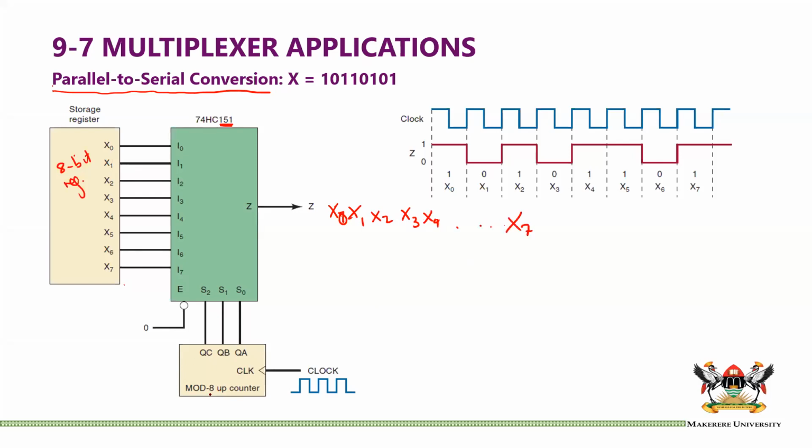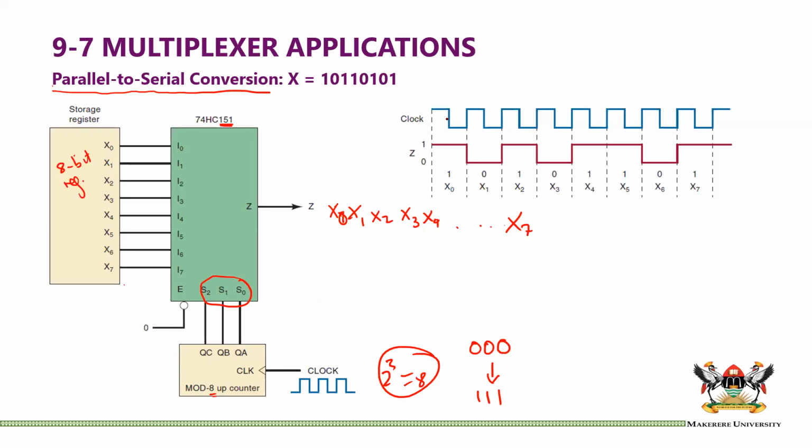Now you can see we have a mod 8 counter, and this mod 8 up counter is a 3-bit counter, because 2 to the power 3 is 8. So it would have 3 flip-flops, and it is clocked. The outputs of that counter, which go from 0, 0, 0 all the way to 1, 1, 1, become the select inputs. Our enable is connected to 0 so that it is always enabled.